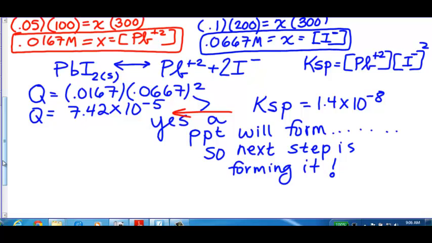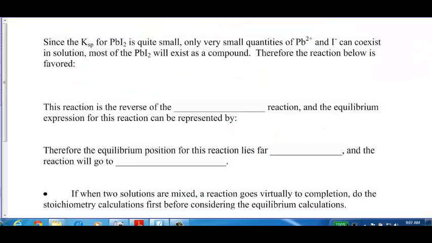So because they asked us what the concentrations are in equilibrium after the precipitate forms, the next step is we need to form the precipitate. Okay? And it's only because they asked us what the concentrations are remaining in equilibrium after the precipitate forms. Now, if you notice, the KSP for lead iodide is really, really small, which really means that the formation of the precipitate is favored, right?